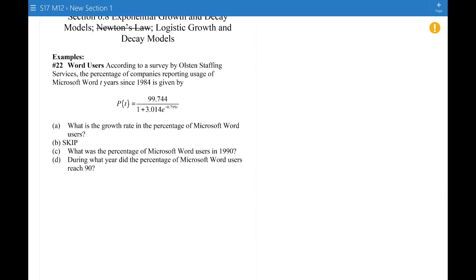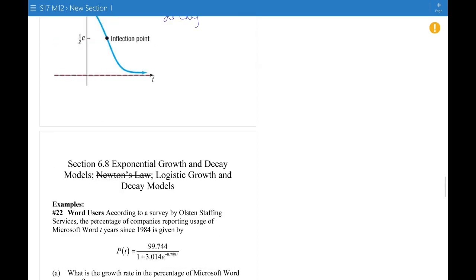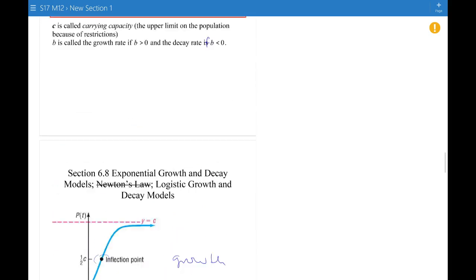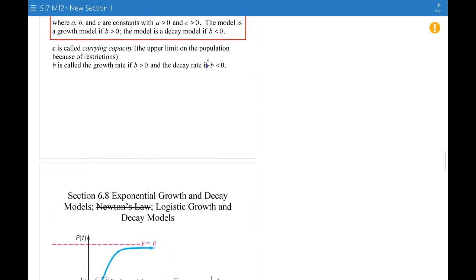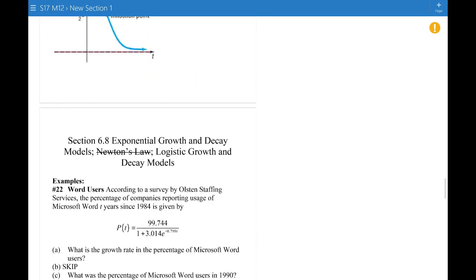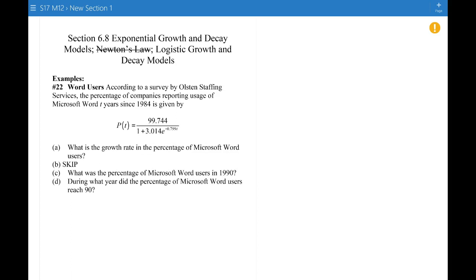Okay, so here's just an example of using the model, it asks you to put numbers in here. So first it says, what is the growth rate? So we look back and say, let's see, what was the growth rate? The growth rate was the B. And the negative is in the formula, so B equals 0.799.